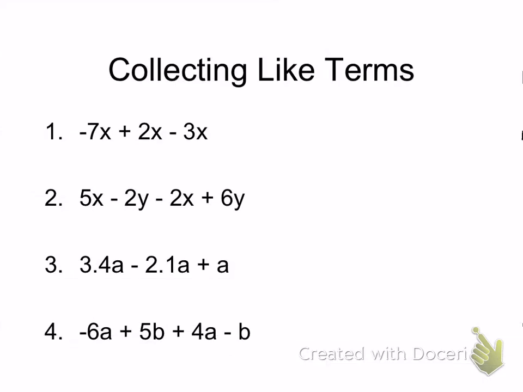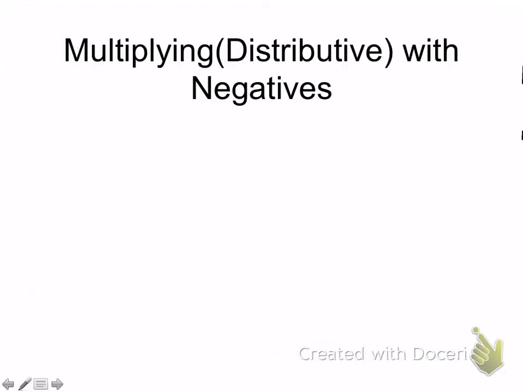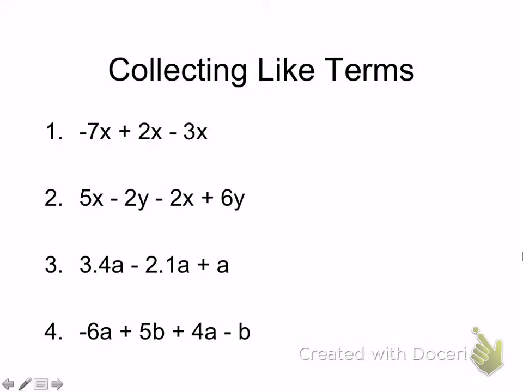Okay, combining like terms. Remember, the sign travels with it. So if there are multiple signs, turn it into one sign. Remember, you can do this however you want to do it. I would do something for yourself.